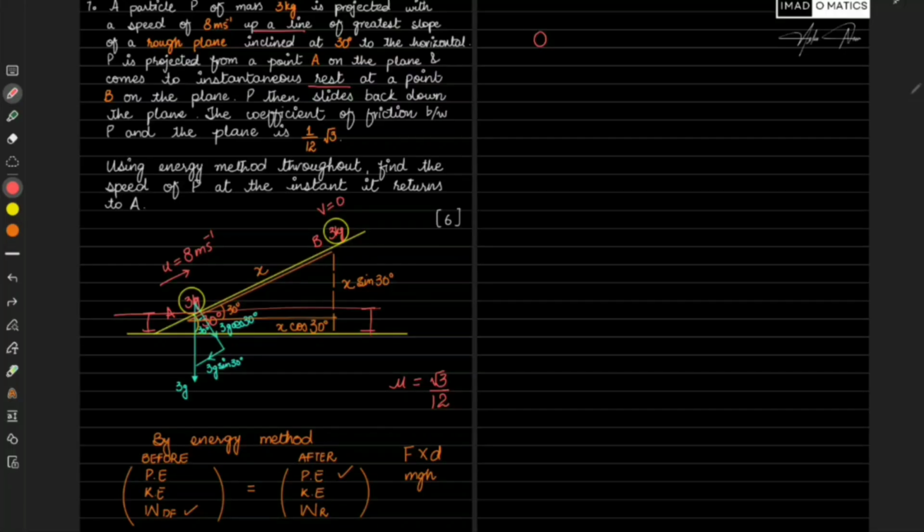So 0 will be your potential energy in the start, and kinetic energy would be half times 3 times initial speed 8, so 8 squared. Work done by driving force: is there any driving force compelling it to move forward? No. It is just projected with the velocity, but there is nothing dragging it upwards. So driving force is 0 in this case.